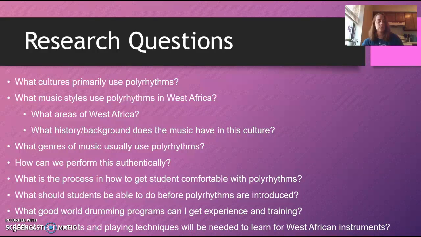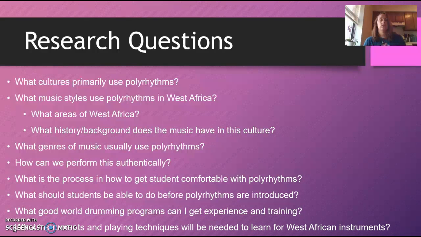And then my next question is kind of a question before the last question: what should students be able to do before polyrhythms are introduced? My idea with that question was, what is the musical foundation that students need to have before I even start introducing polyrhythms to them?